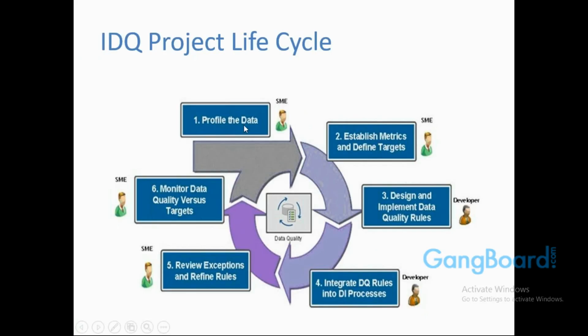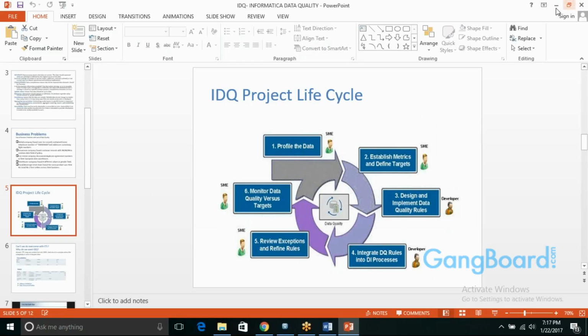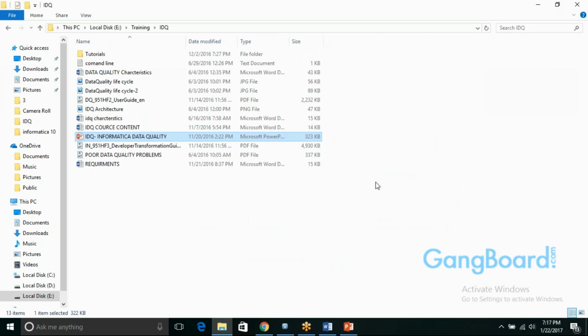Profiling will also be done by a developer. These are the things done by the developer. 5 and 6 will be production support or business users, and 5 will be done by the business users, the BA people.